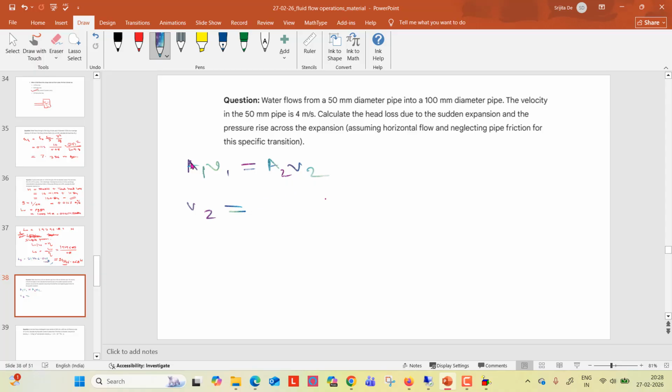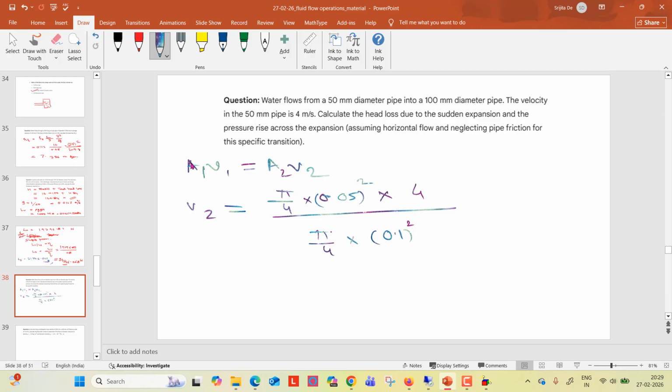A1 is pi by 4 into 0.05 whole square, into V1, divided by pi by 4 into 0.1 whole square.